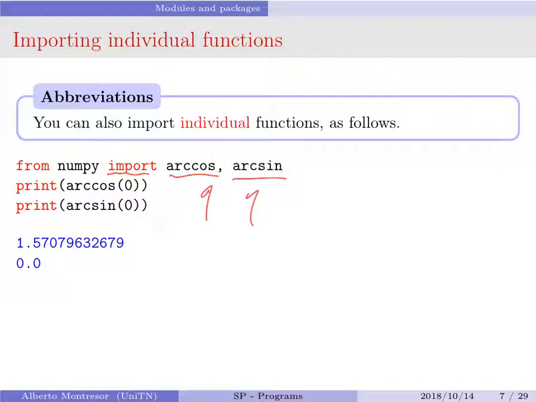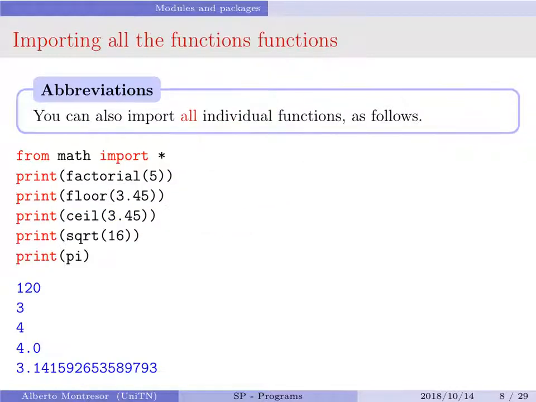From now on, you can use them as if they are defined inside your program, and you can compute them without problem. You can also do, but this is not recommended, import everything from a specific package. So you use the asterisk, which means really anything, and at that point all the functions are inside your namespace.